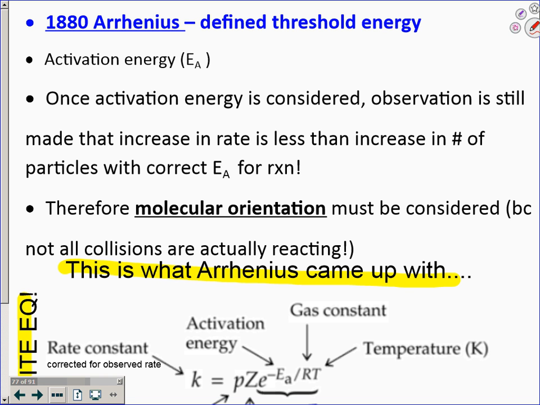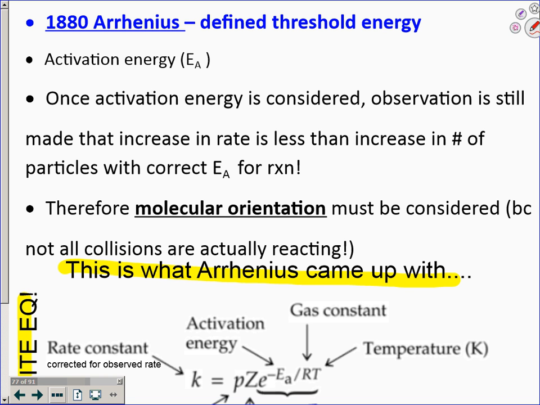So one thing was he tried to make a correction factor for the molecular orientation to say, hey, even if they do meet activation energy, not all of them are going to correctly orient themselves in collision. So he tried to make a correction factor for that, and he tried to make a correction factor for not all the particles meeting activation energy. So that's kind of what his background is. Okay?